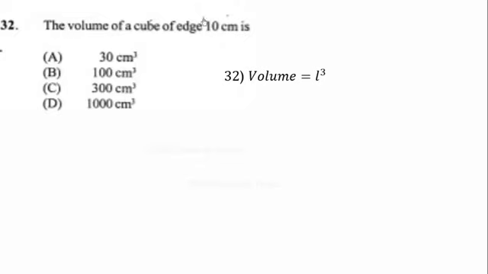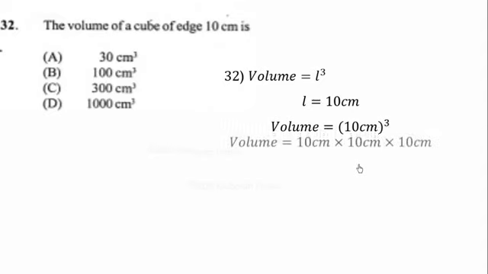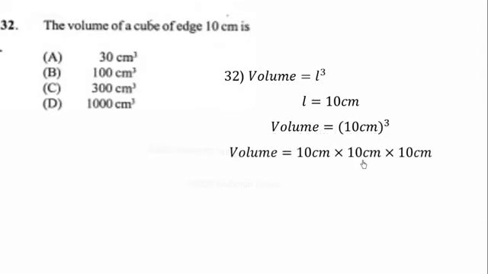We're given the edge length to be 10 centimeters, so L is equal to 10 centimeters. We substitute L equal 10 centimeters into the formula to get volume equal to 10 centimeters cubed. This is the same as 10 centimeters times 10 centimeters times 10 centimeters, and we simplify to get 1000 centimeters cubed. Therefore the correct answer is D.